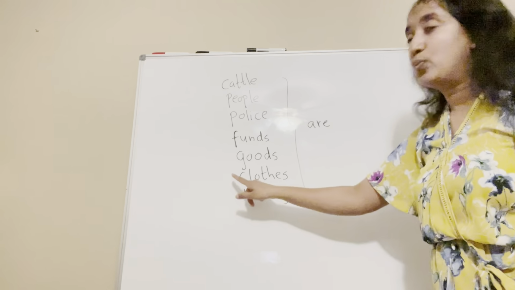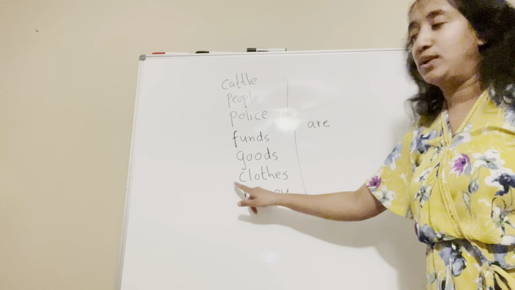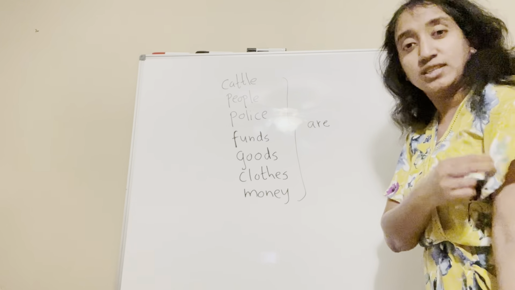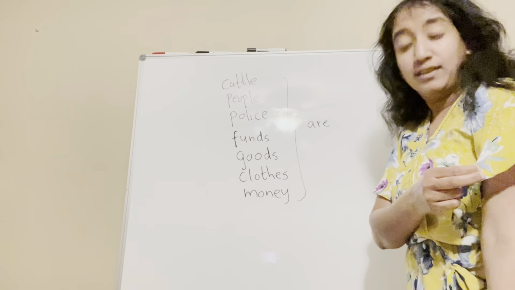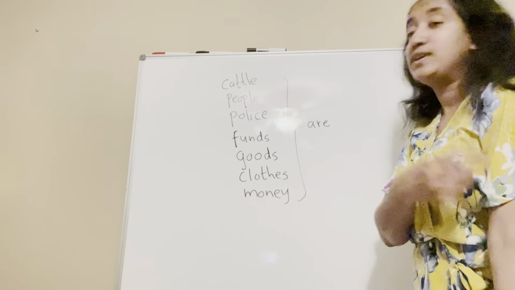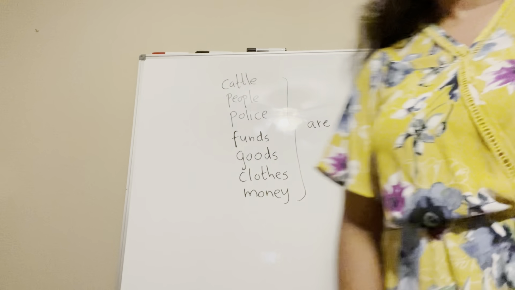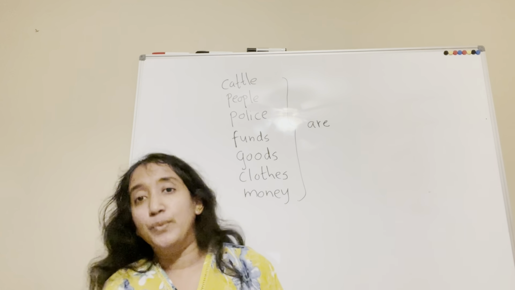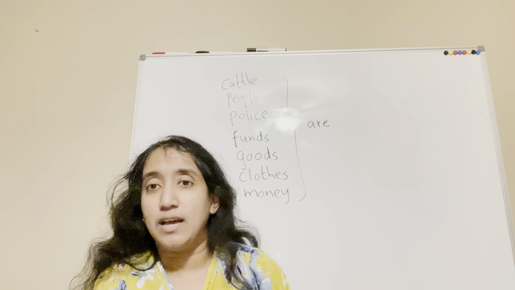We never say one cloth, two clothes. Clothes are. One shirt, one blouse, two blouses. We can make it plural. But here, these words are always considered plural words. The goods are.